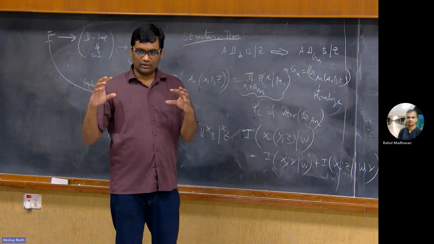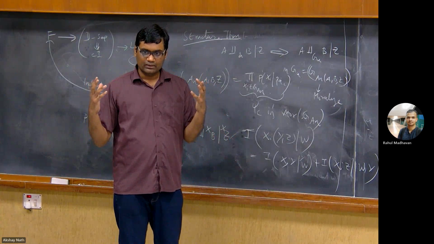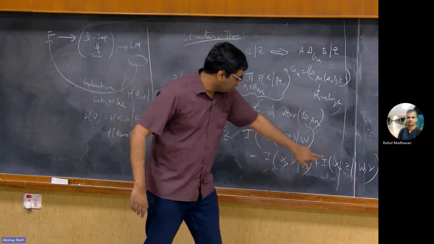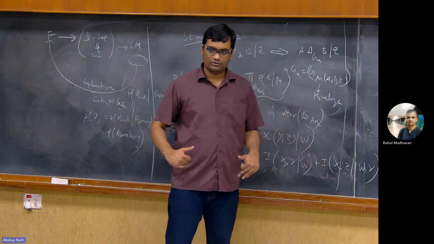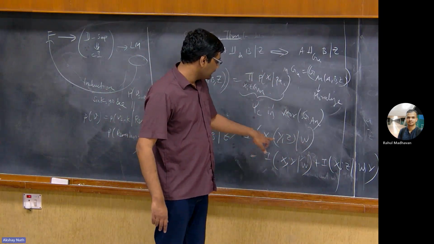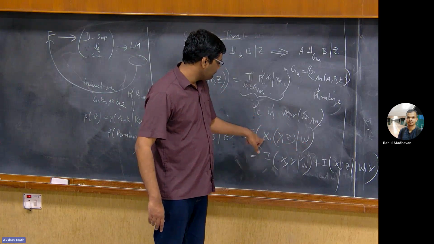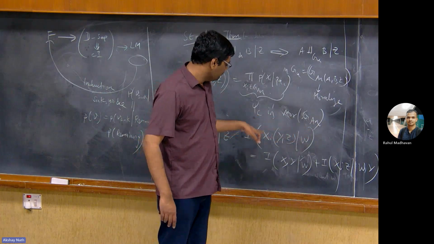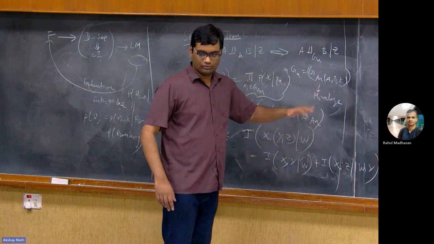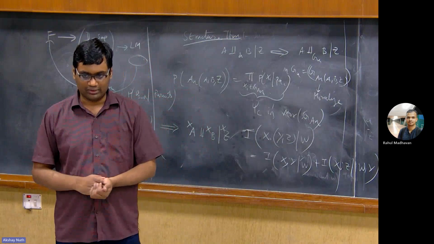That is called the contraction, weak union or decomposition property of mutual information. Similarly, if this is 0, the versions on the right hand side are also 0. That's another property. Now, if the conditional independence of X and Y, Z given W is 0, then the conditional mutual information of X and Y given W is also 0, and the mutual information between X and Z given W is also 0. That's some sort of a weak union property.